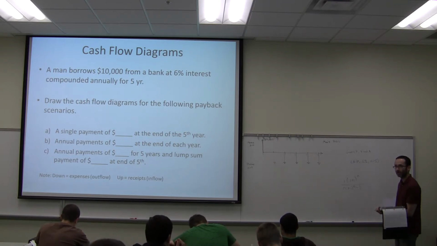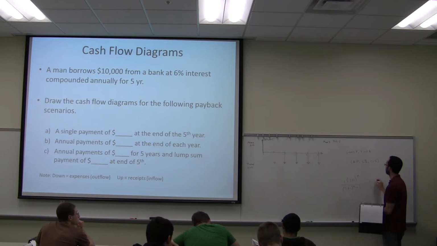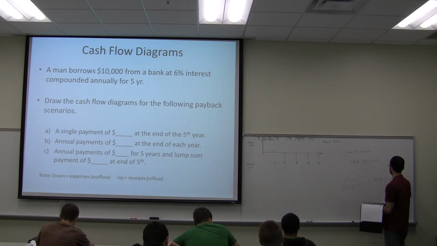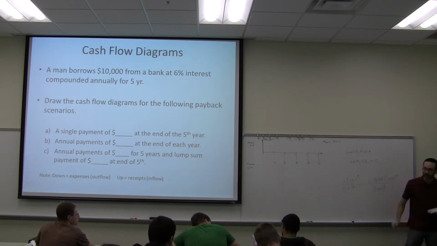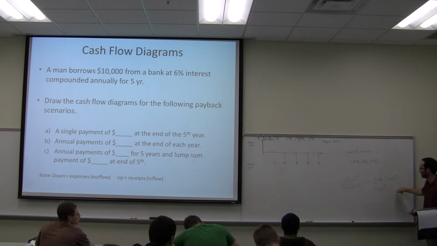A little bit more complex than the other equation. And so if we did that real quick the manual way, 0.06, 1.06 to the 5th power, 1.06 to the 5th power minus 1. So will you calculate what the factor is with your calculators using this approach?